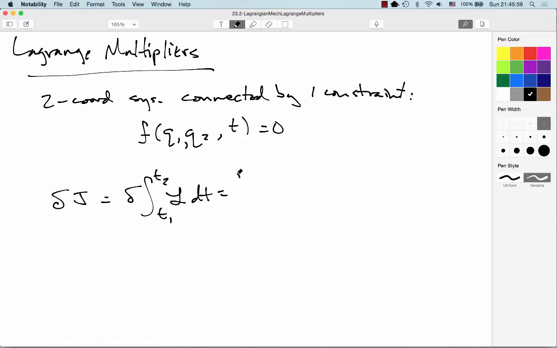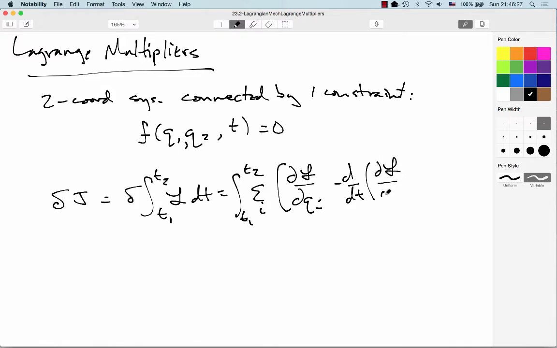So that'll be the integral from t1 to t2, sum over our coordinates, of partial L partial qi minus d/dt of partial L partial qi dot, times the variation in qi, dt, equals 0. Okay, we saw that before.